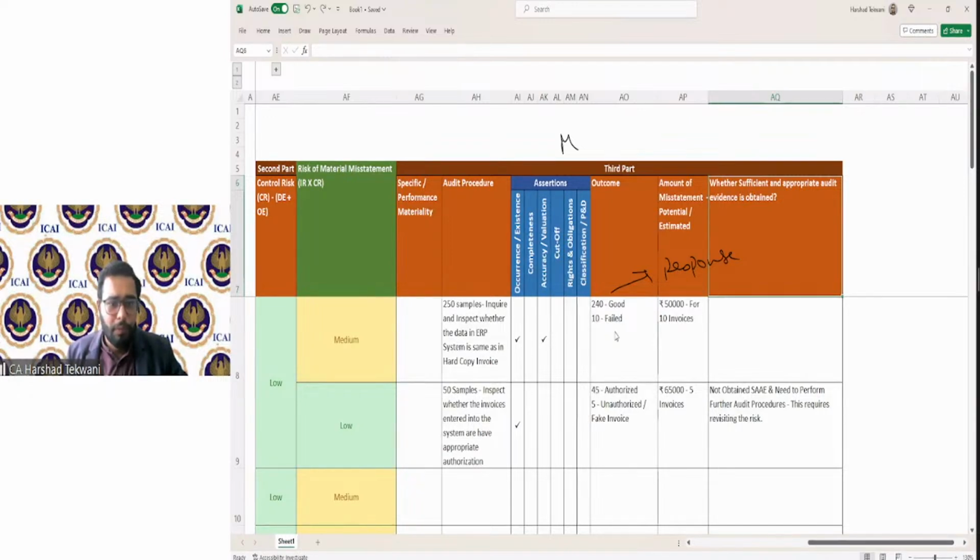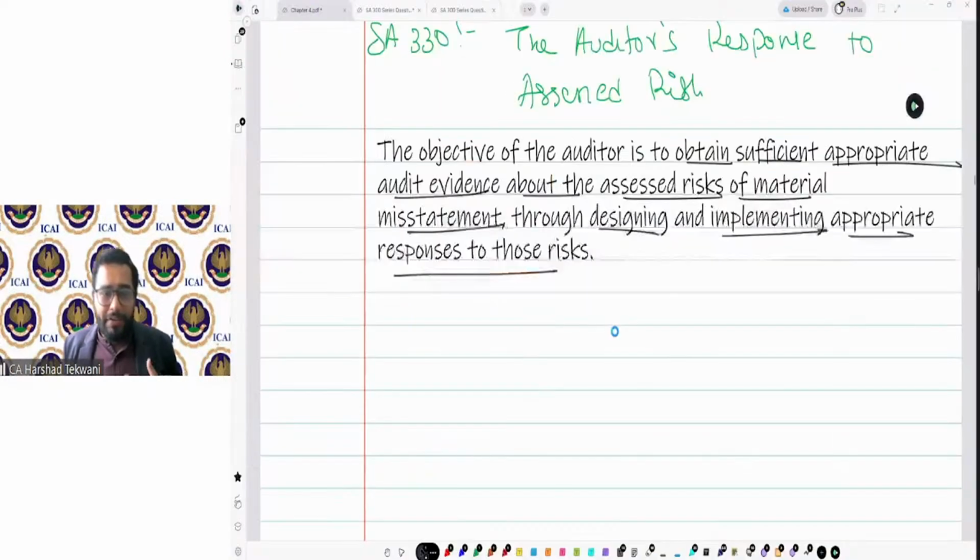Okay. So the objective is to obtain sufficient and appropriate audit evidence by creating an overall response. That we have understood. Now, how can we do that?